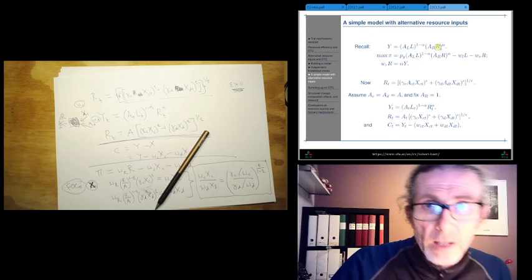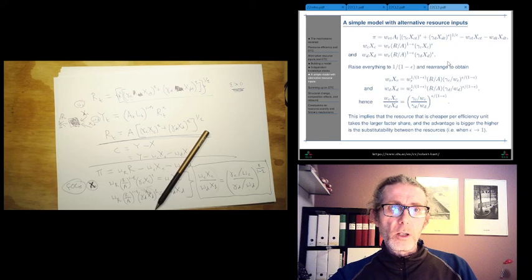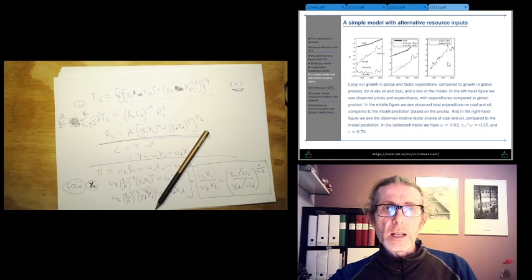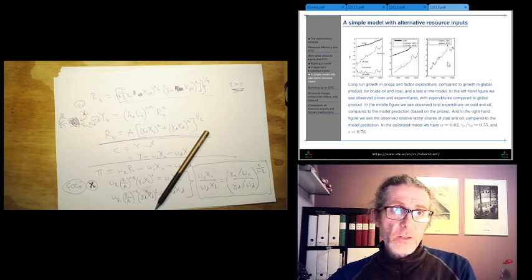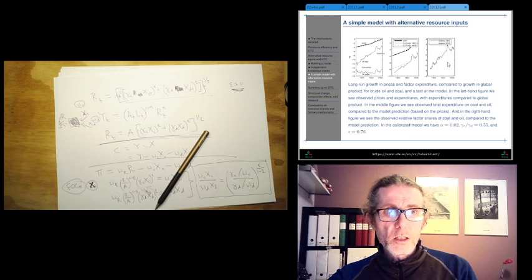And we can play around with parameters and see if we can get the model to fit the data. Okay, and it turns out that in lots of cases the model can do a pretty good job.